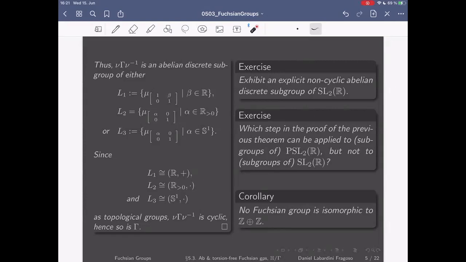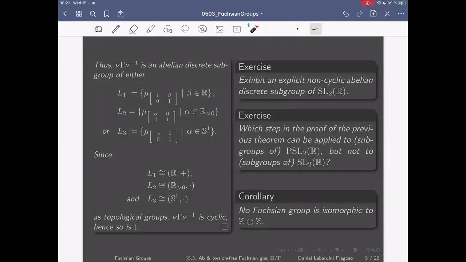And then the question is, if such a thing exists, so something which is non-cyclic, but still abelian in SL2R, then also think about what part of the proof actually breaks down when we try to pick a discrete subgroup of SL2R and try to run the same argument.